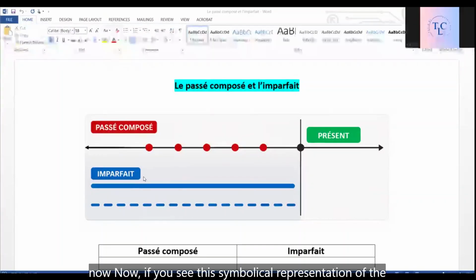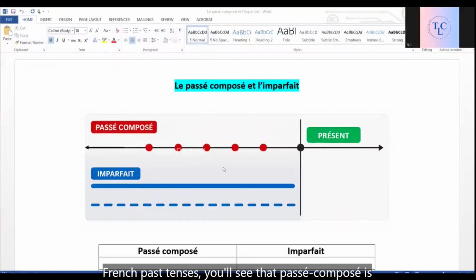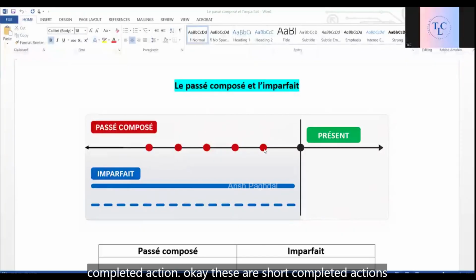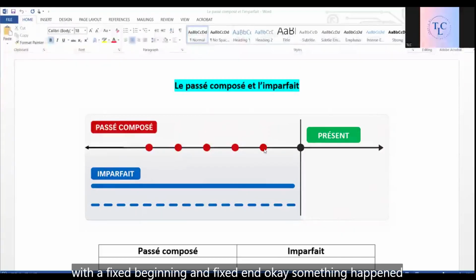Now, if you see this symbolical representation of the French past tenses, you'll see that passé composé is represented by specific points. Yes, because it shows a completed action. These are short, completed actions with a fixed beginning and fixed end.